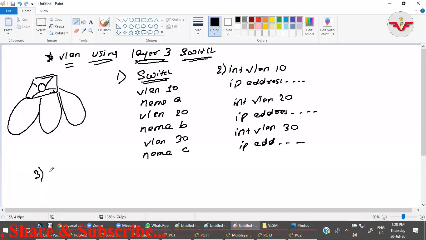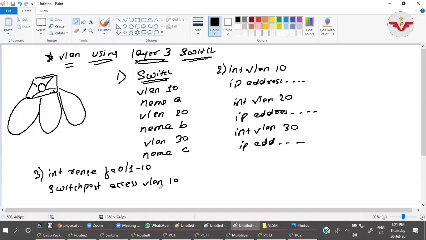Third step, int range fa0/1 to 10, switchport access VLAN 10. Okay.